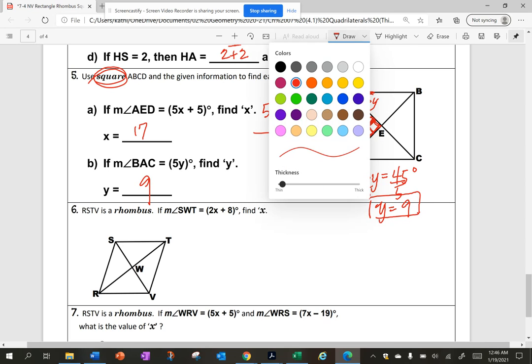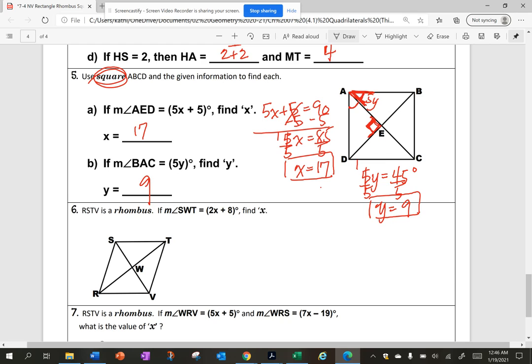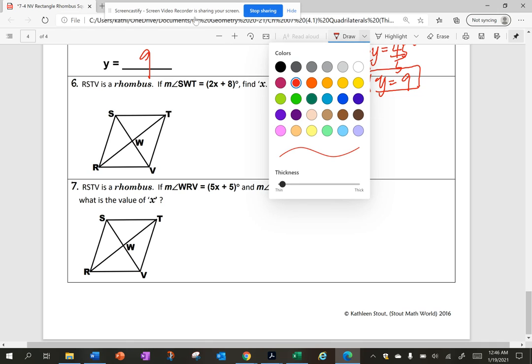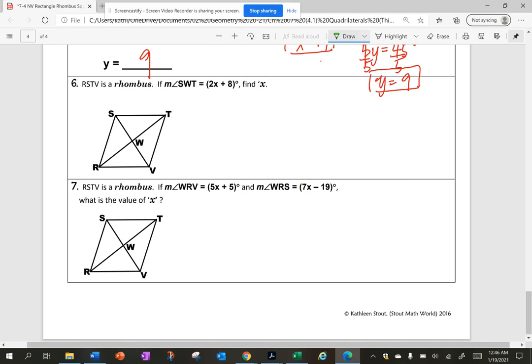Okay, rhombus. Problem with the rhombus. Okay, so rhombus. So I know all four sides are congruent. These are perpendicular.